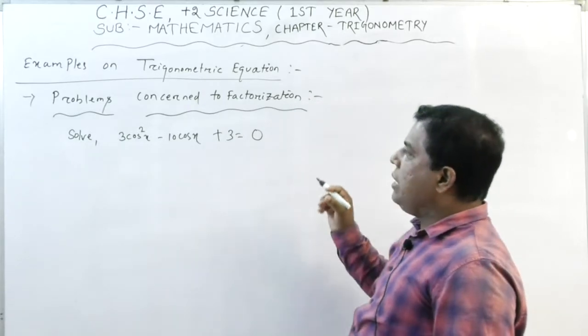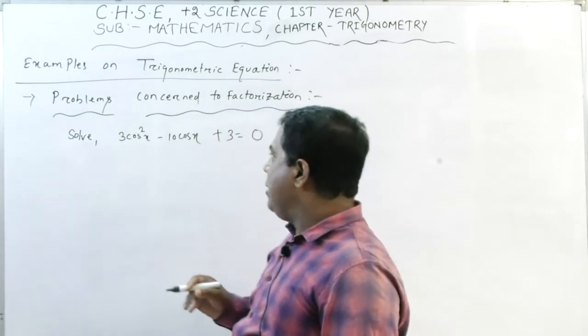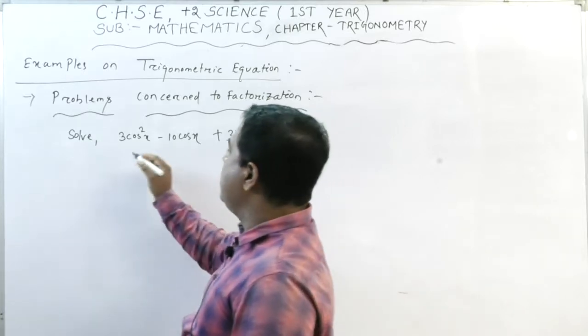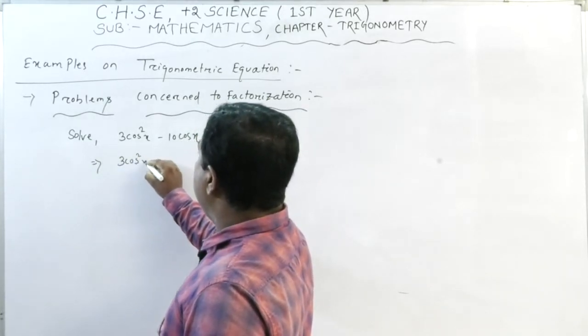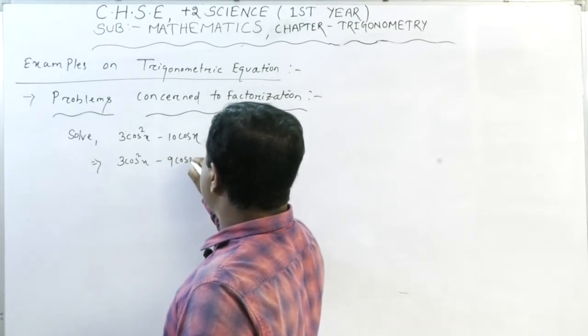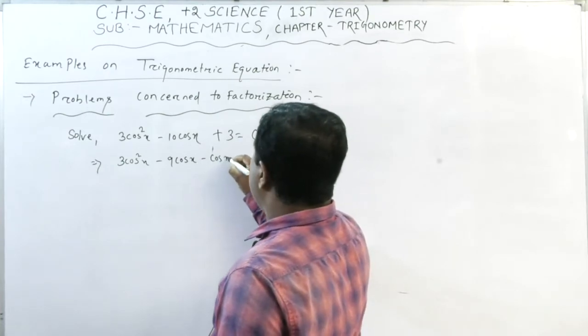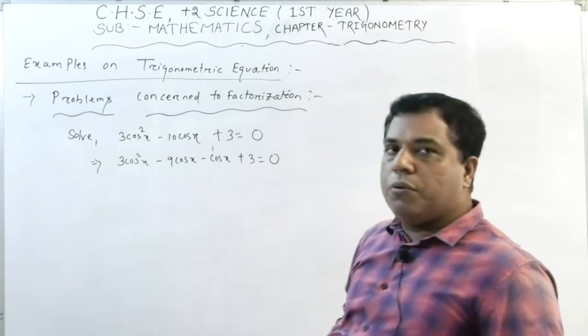You can see it is like a quadratic format. Here we can convert it into factorization form: I can write 3 cos square x minus 9 cos x minus cos x plus 3 equals 0. Yes or no, we can do that.